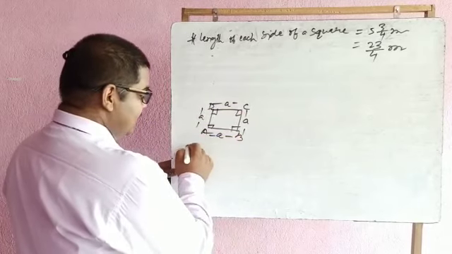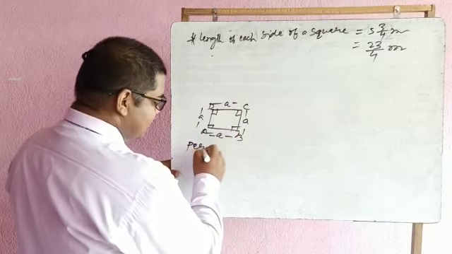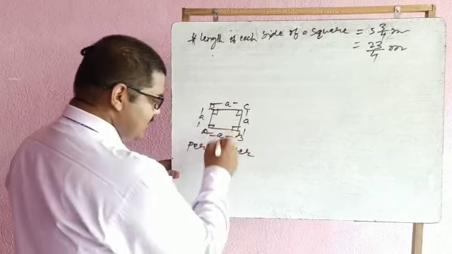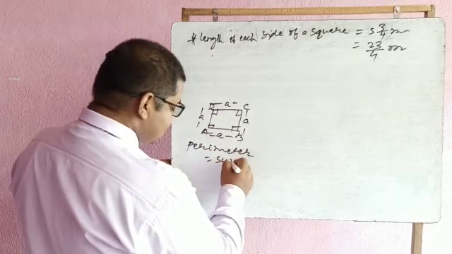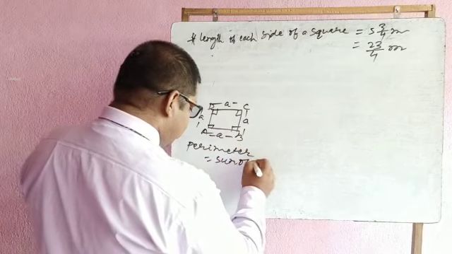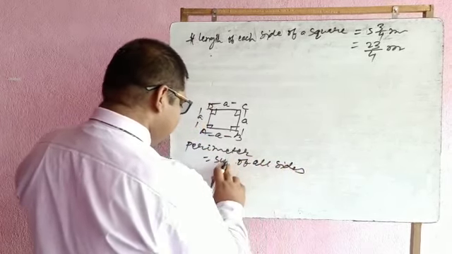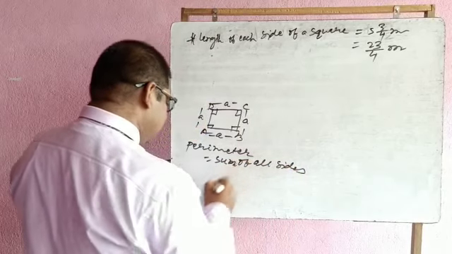actually its perimeter you can obtain as the sum of all sides.